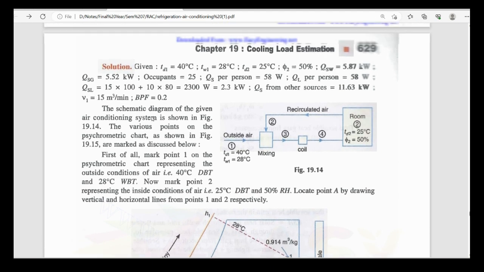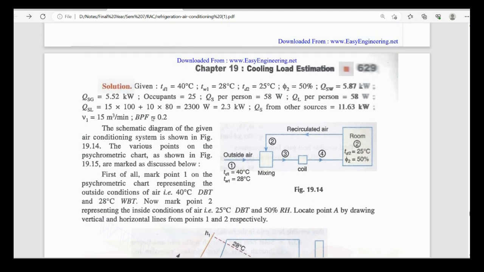Now in the solution we can see the given values are taken down here. Bypass factor is 0.2, volume flow rate, and other heat loads or other things are written down here.